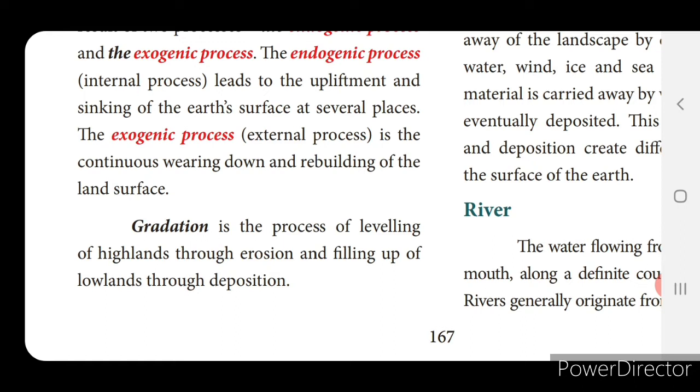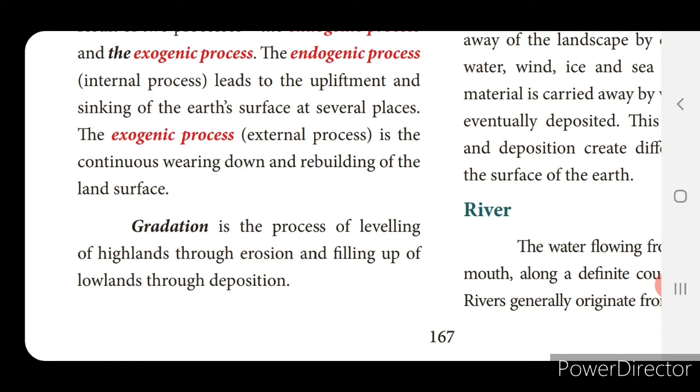and due to the internal forces, I told you some of the earth's surface will sink into the earth. So, that hollow space will be created. How to compensate that? We have to fill it up. This exogenic process will do the filling up of lowlands through deposition.